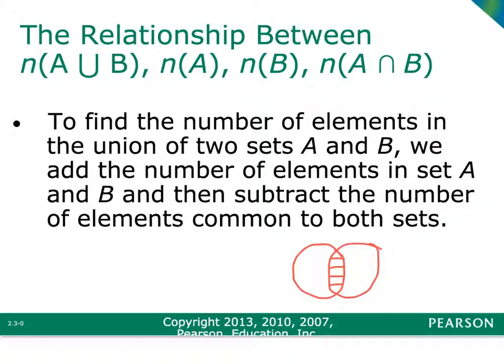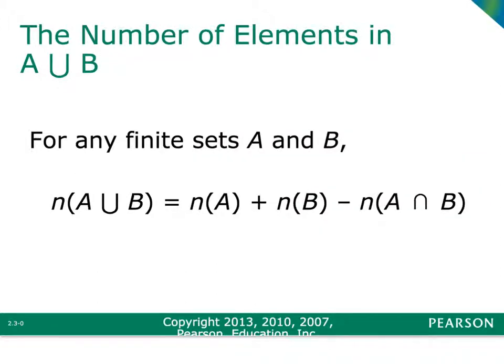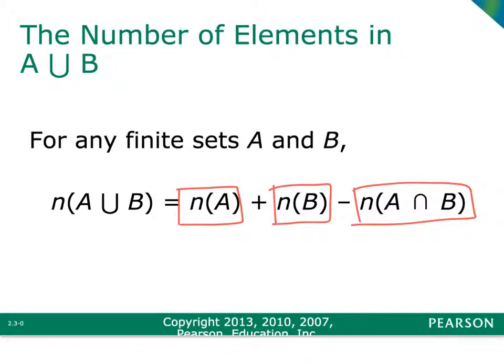So if you find the number of elements in the union, there's a little formula you have to use. You first take the number of elements in set A, plus the number of elements in set B, and then you subtract the number of elements that are in both sets. That finds the number of elements of the first category plus the number in the second category, and then you deduct what they have in common, because you would have counted that twice, once for A and once for B.